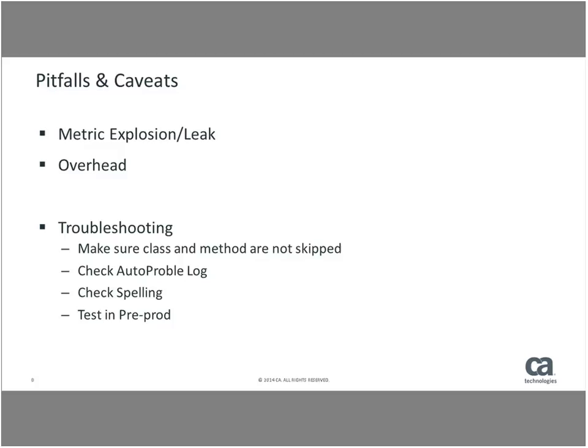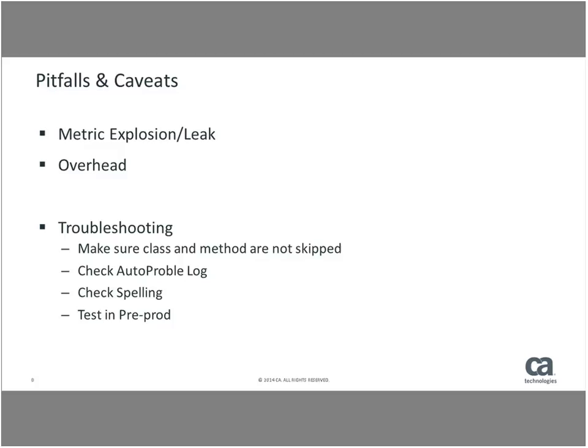So first, obviously, make sure that the particular class and package is not skipped, right? If a skip statement is used to skip the class and method somewhere else, then that skip in class is applicable globally.